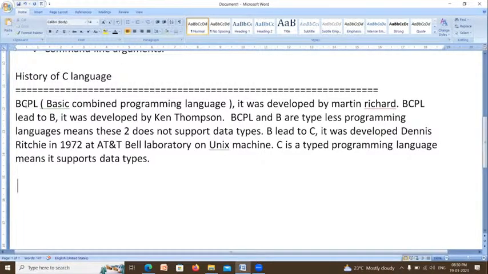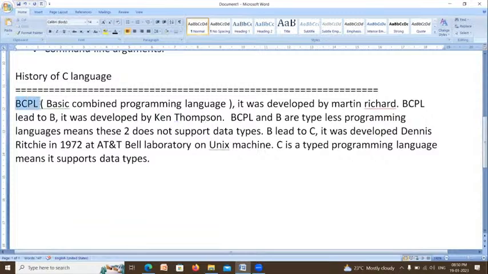Okay, sure. There are many high-level programming languages. One of the important ones is BCPL, which stands for Basic Combined Programming Language. This language was developed by Martin Richard. From BCPL, a new programming language called B was developed by Ken Thompson.